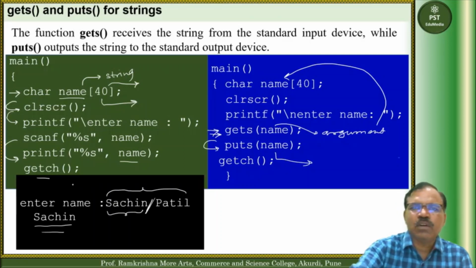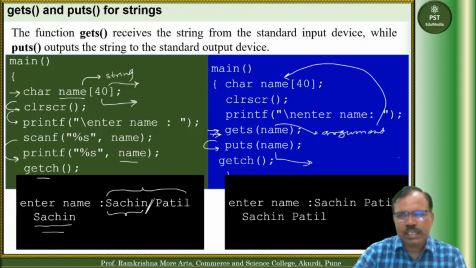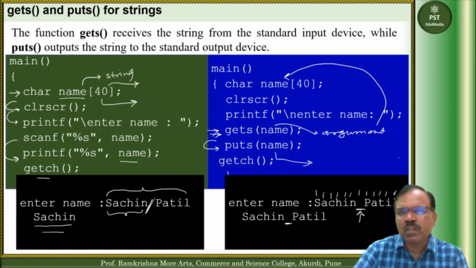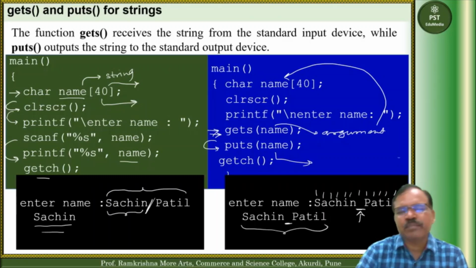So if we see the output of this, you will get it like this. "Enter name": Sachin Patil. Sachin Patil is printed as it is. So here this space is also taken, and this space is also considered a character. So this is a string of 1, 2, 3, 4, 5, 6, 7, 8, 9, 10, 11, 12 characters. So here 12 characters are printed.